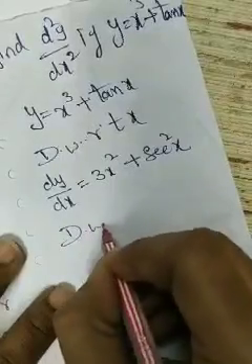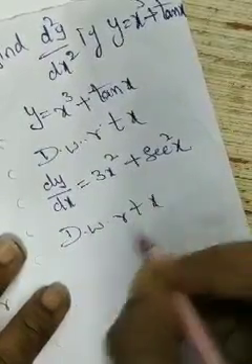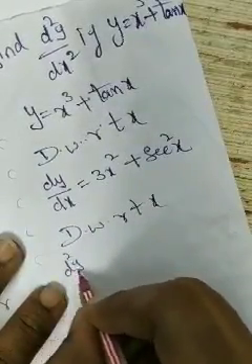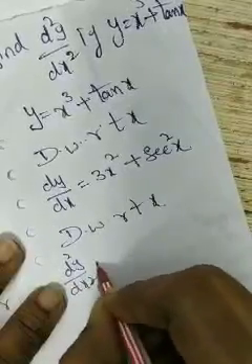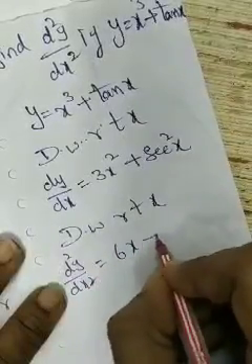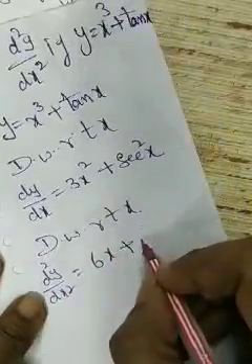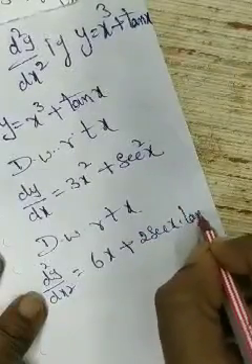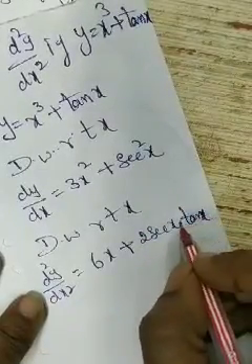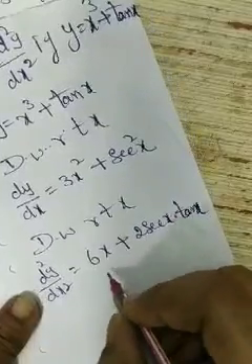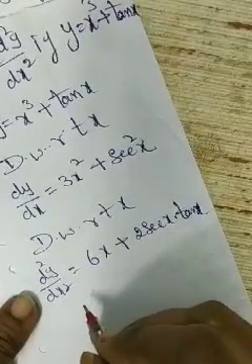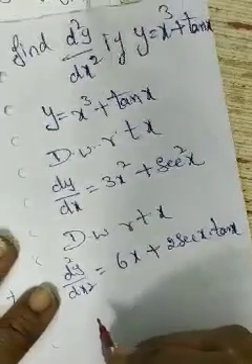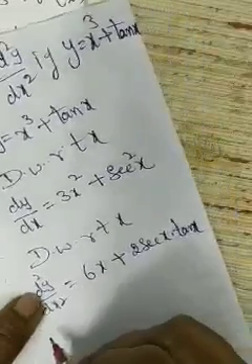Again differentiate it with respect to x. d square y by dx square equals 6x plus, secant square x derivative is 2 secant x into tan x.